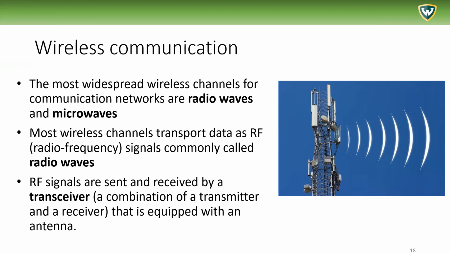Here there's an image of a cellular network with an illustration of a radio signal. Actually, this is probably more like a microwave signal, because the microwave is more directed, whereas a radio signal is more round like this.